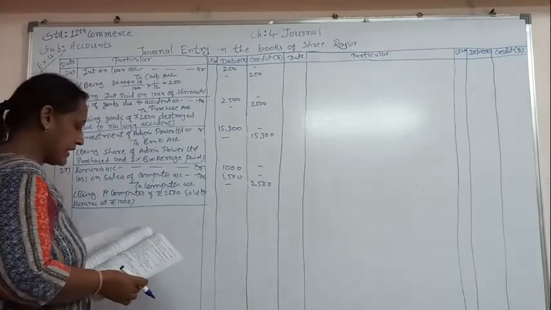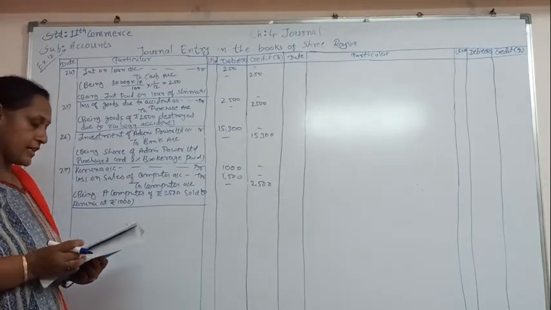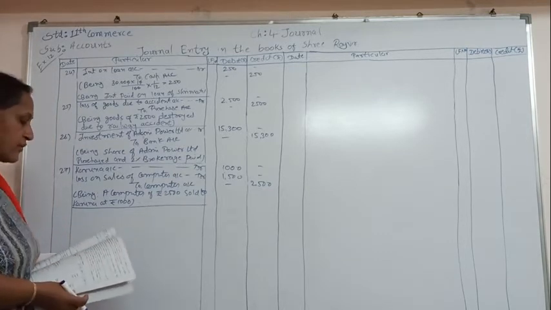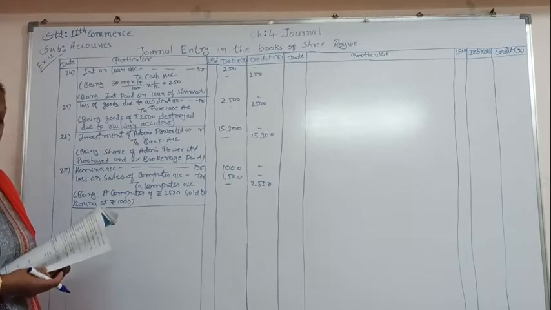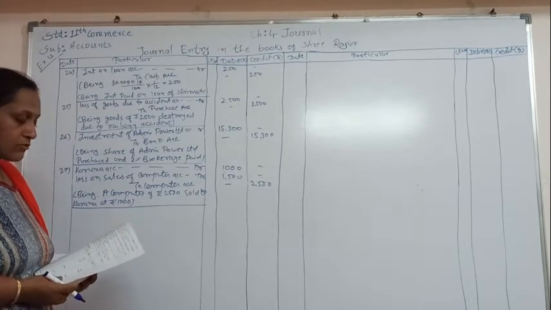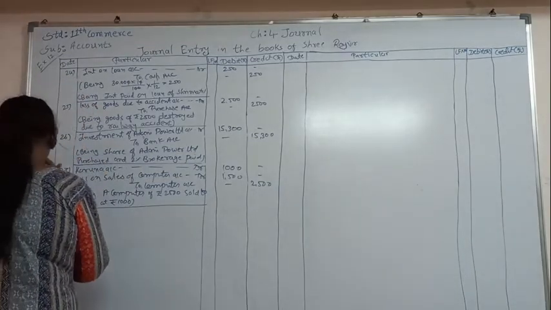Now let's see the next. Electricity bill of 1800 and telephone bill of 700 are paid by check. So here we have paid the expense by check. So electricity expense account debit, telephone bill account debit to bank. That journal entry we are going to pass.